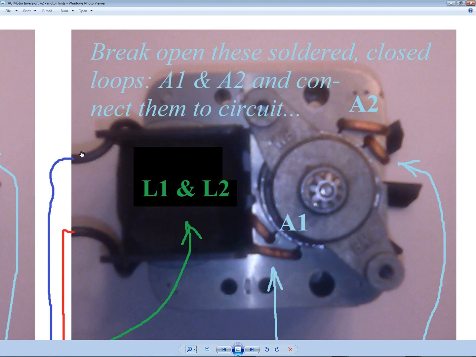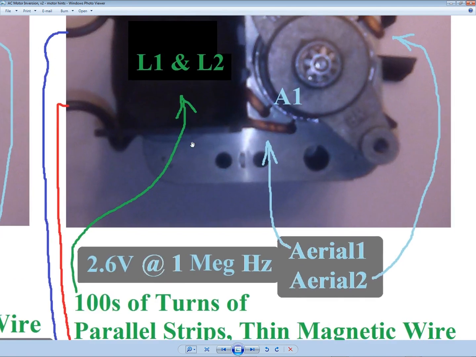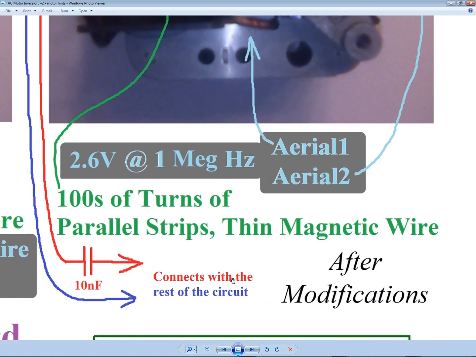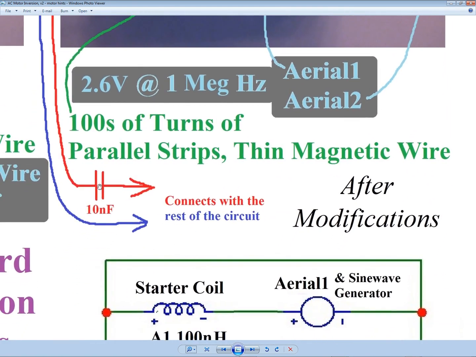So one end of one coil and one end of the other coil, L1 and L2, will both join up here to the blue line, and the other ends from the 2 coils will join up here to the red line, connected in parallel with the circuit. And then it's enhanced with a capacitor.